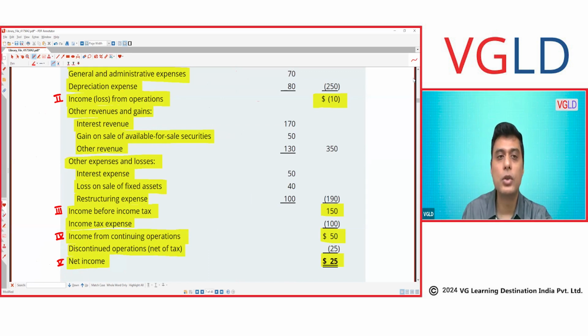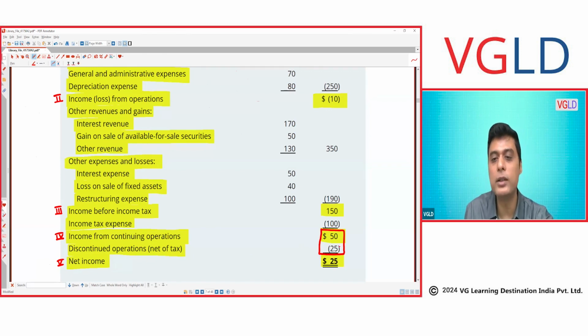Okay. So the point is, let's start from here. Income from continuing plus discontinued is your net income. Income from continuing plus or minus, depending on whether it's an income situation or a loss situation. Here in this case, it's a loss situation. Discontinued operations has a loss of 25. So 50 minus 25, net income is 25. So income from continuing and discontinued together is your net income.